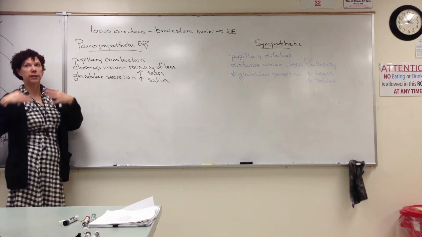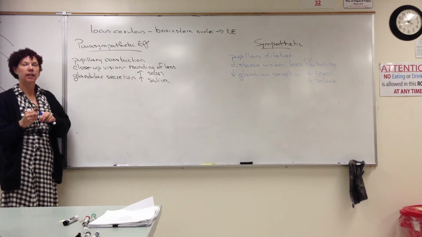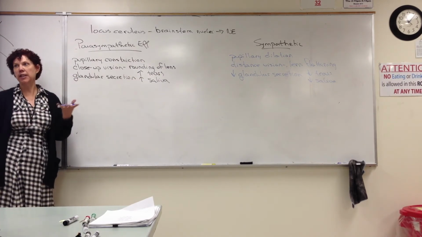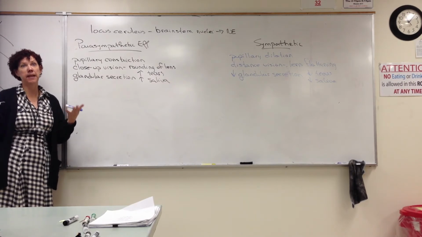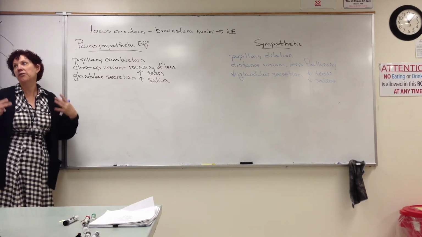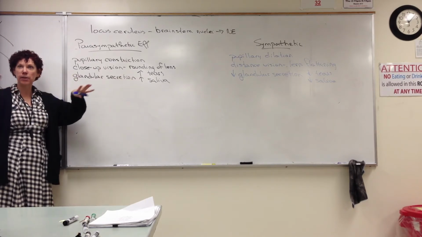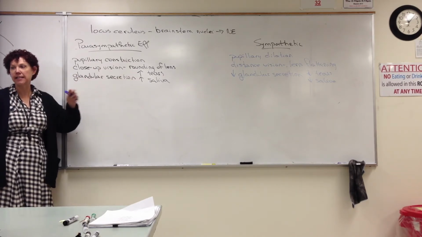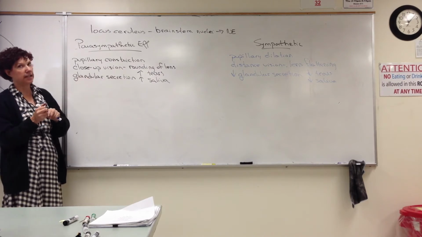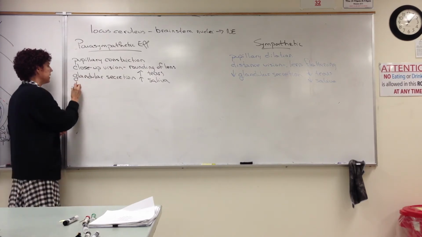As we move into the thoracic cavity, the heart rate without any nervous control at all is about 100 times a minute. That's not our normal heart rate. So remember, parasympathetic maintains homeostasis. It's rest and digest. So the effect of acetylcholine on the heart rate is going to be to decrease heart rate.